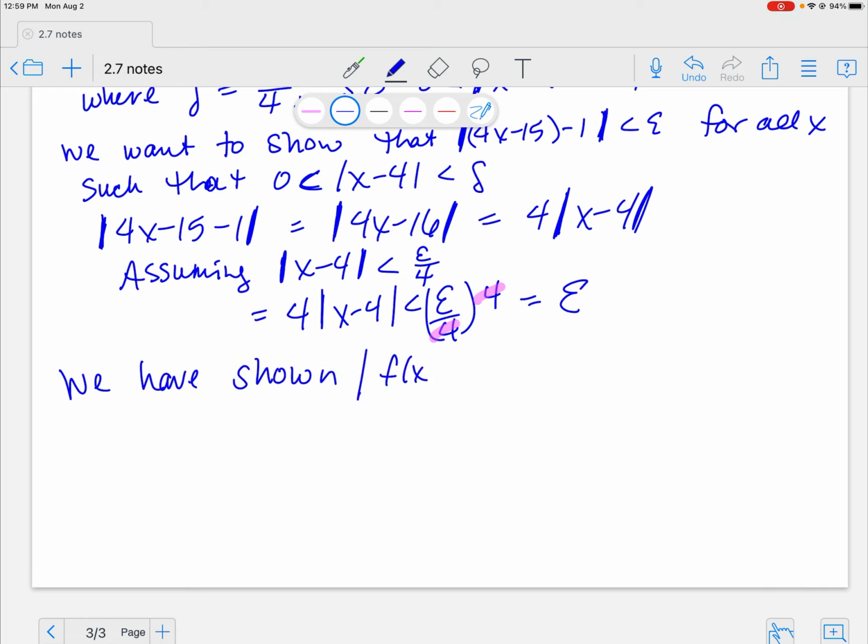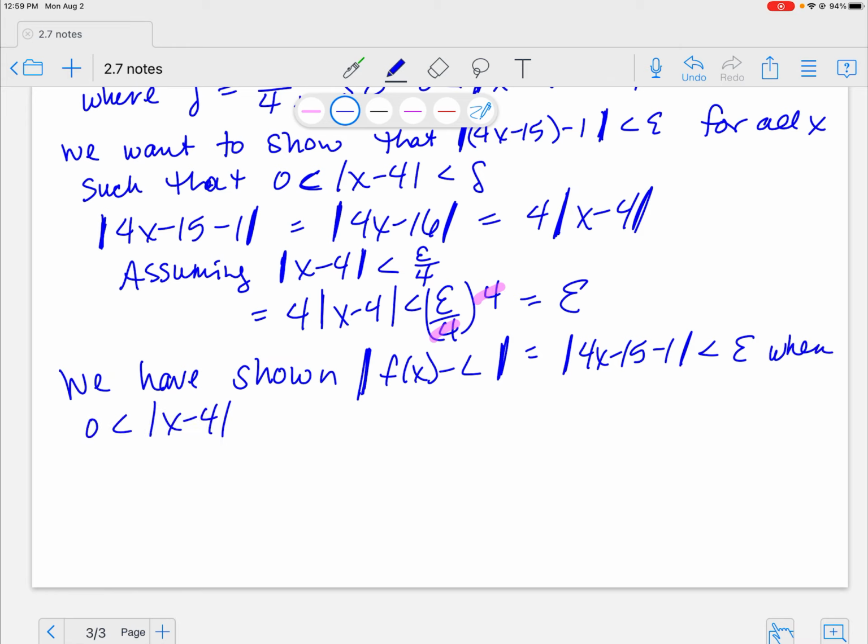that the absolute value of f of x minus L equals the absolute value of 4x minus 15 minus 1, which is less than epsilon, when 0 is less than the absolute value of x minus 4, which is less than delta, provided, this is the kicker and this is what we learned, provided that 0 is less than delta, which is less than epsilon divided by 4, right?